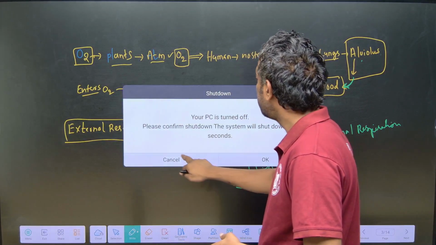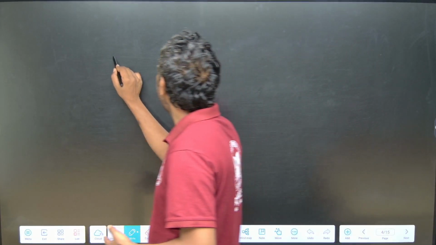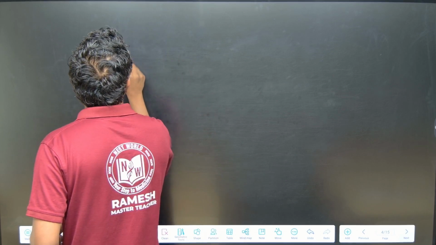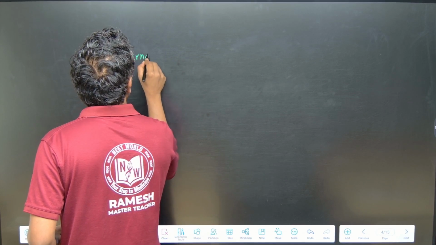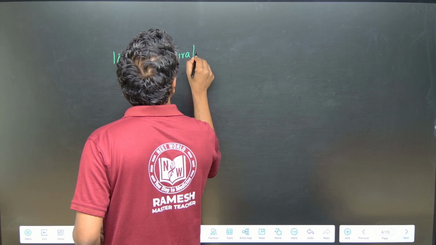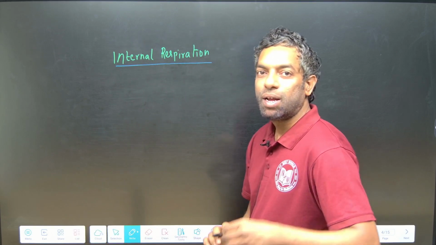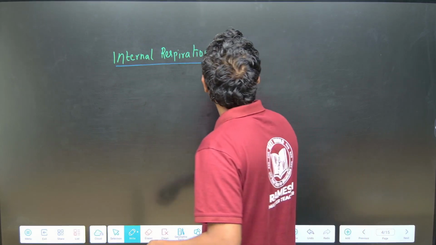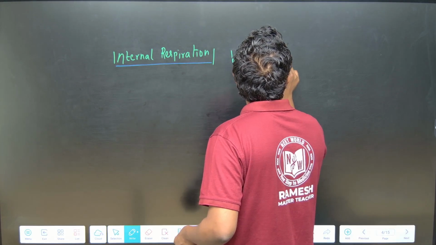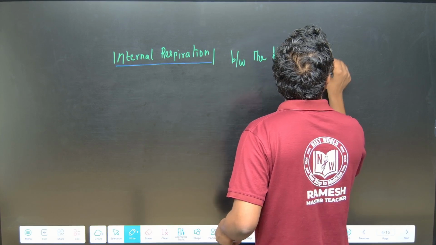The internal respiration is between the blood and tissue.